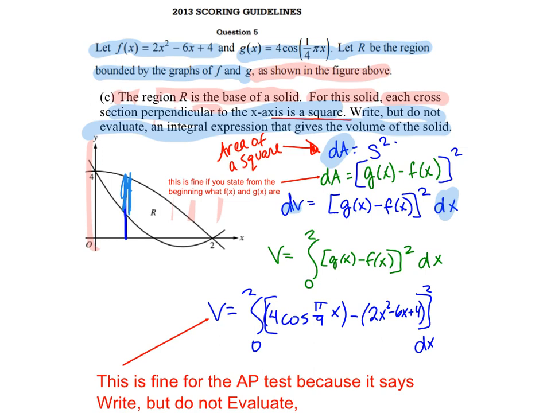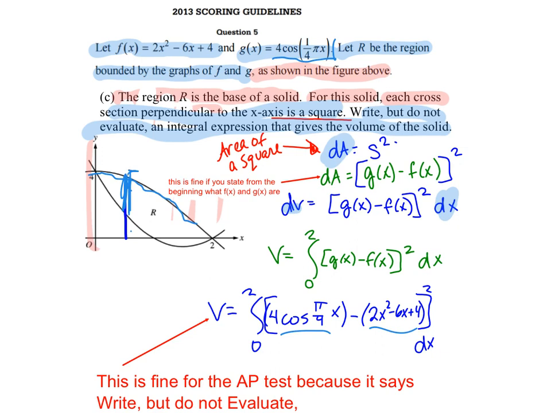How do I know which one's the top function? Alrighty, this is clearly the cosine function. I know what cosine looks like. So the top function is cosine, so it's going to be cosine minus the other function, because the bottom function seems like the other one. So that's just the area.